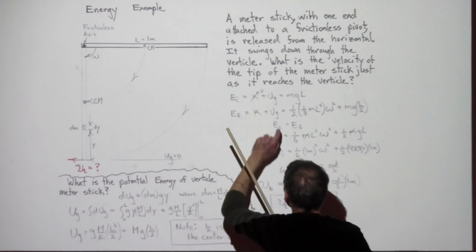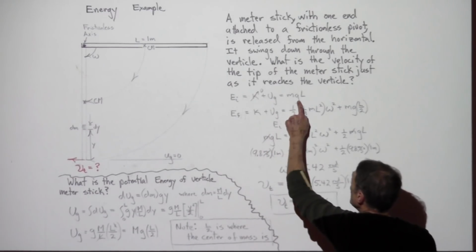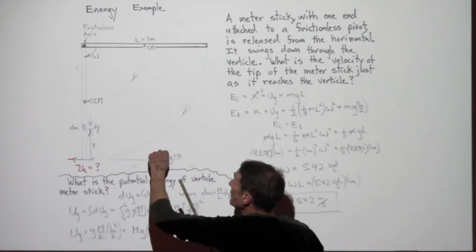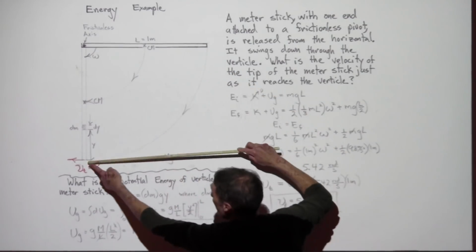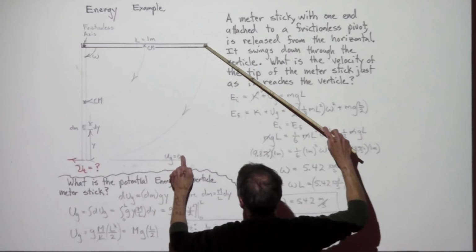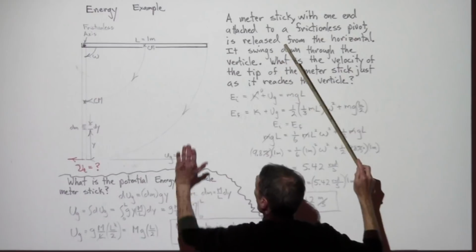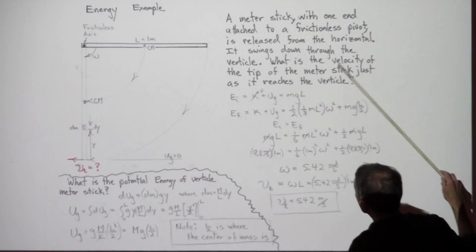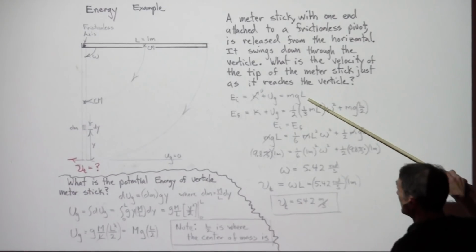It's at rest, so there's no kinetic energy, just gravitational potential energy, mg times L, the length of this thing, whatever length the stick is. All these little bits of matter that are part of the stick are all up there at the same height. And so that's going to be mg, and again, up a distance L.